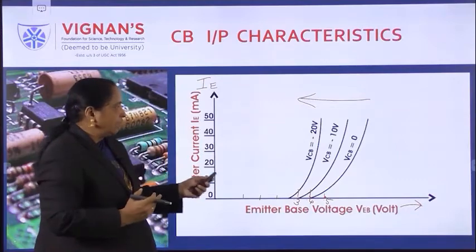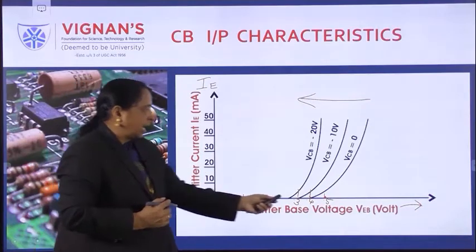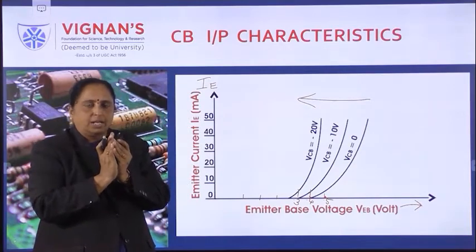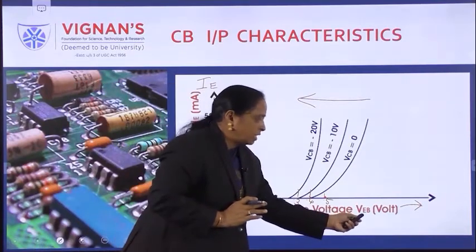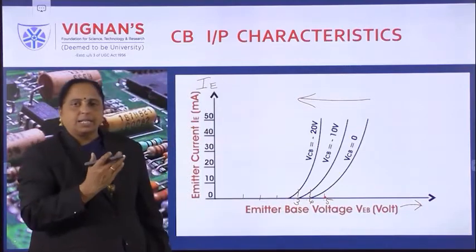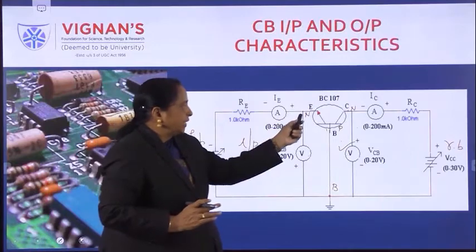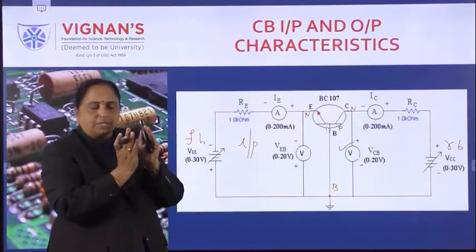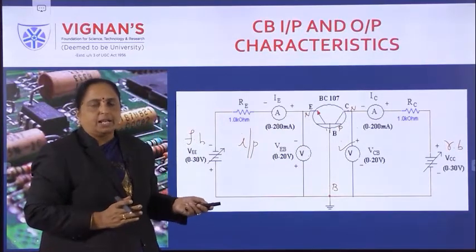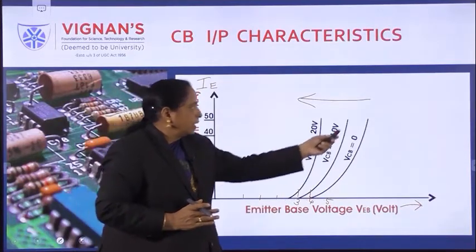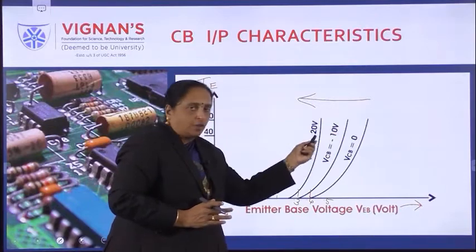Therefore, if you see the characteristic curve, as the depletion width decreases, the voltage between emitter and base decreases. Since the base width decreases, only a small voltage is needed for conduction. Therefore the curve advances.